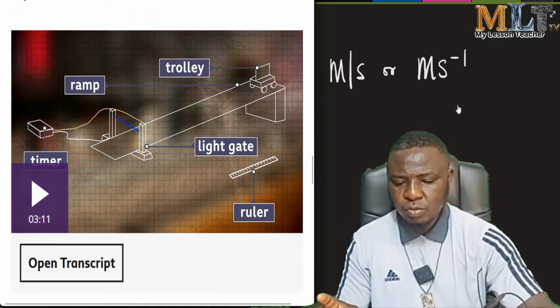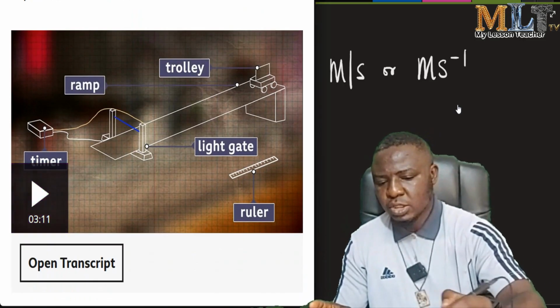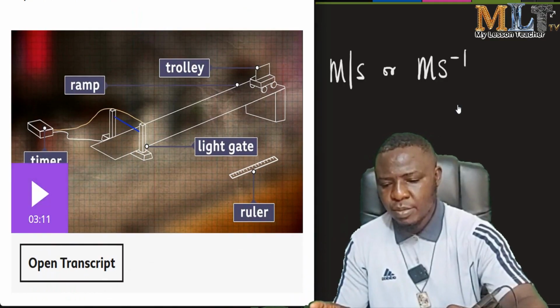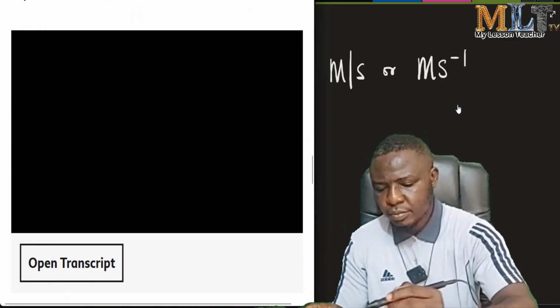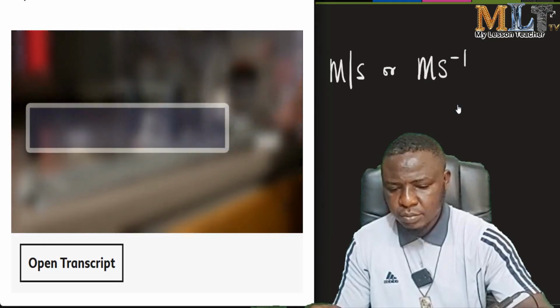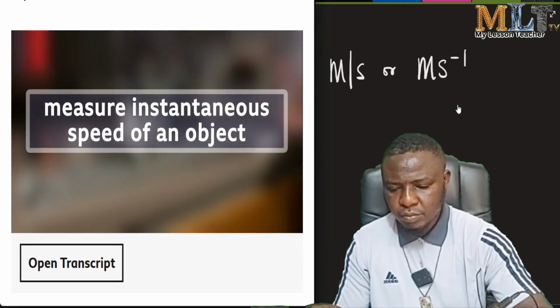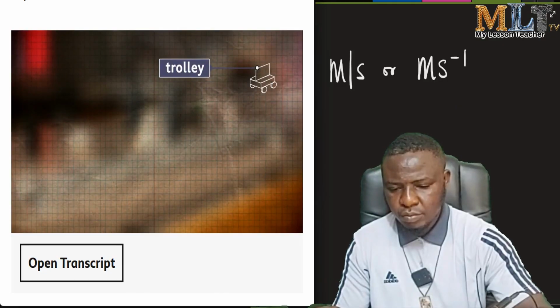So this is the video. Trolley, light gate, this is your rule, this is the ramp, okay, and this is the timer. With a card attached.